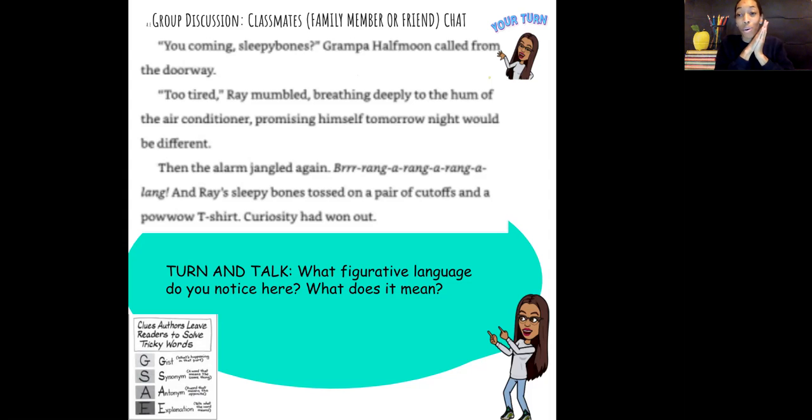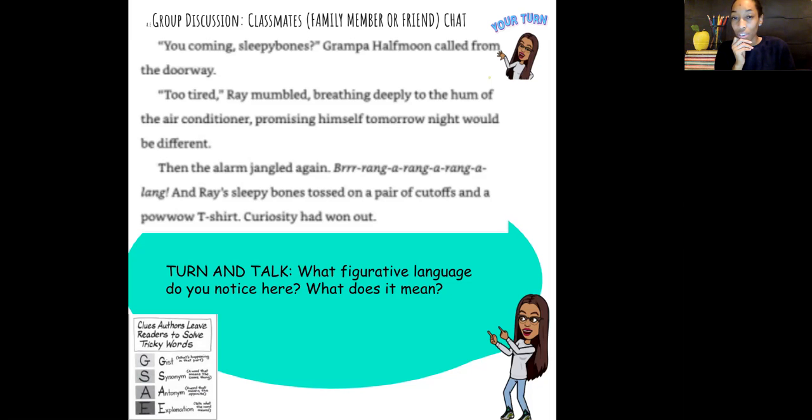So it made our bones seem as if they're personified, and given that figurative language, just meaning that Ray was tired. But that's figurative language. So if you thought that, thumbs up. That's definitely not literal. That is figurative.